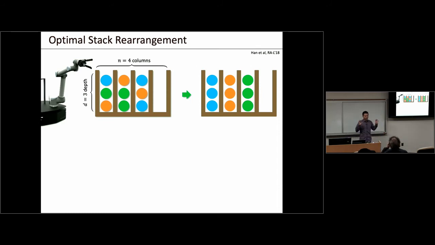I apologize if some of you are colorblind. Lots of my stuff has colors in it, and sometimes people feel a little bit frustrated. So we want to minimize the number of stack pop and push operations. This is essentially like stacks in computer science, right? We can only grab from the top, move it to another one, and then do things like that.